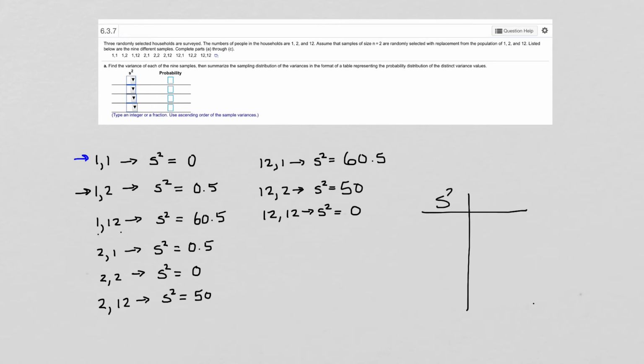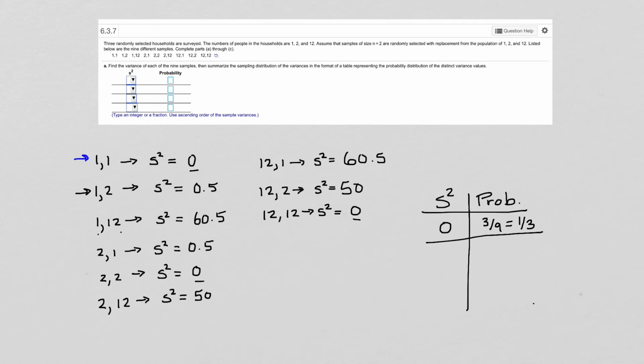And so here's S squared, and here is my probability. So my first value for S squared is 0, and I have 3 of those out of the 9. So I put 0, and then this is 3 over 9. In lowest terms, that's 1/3.